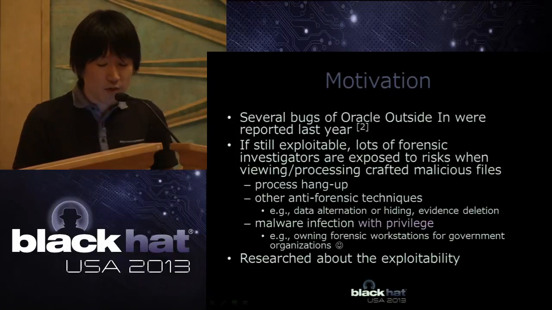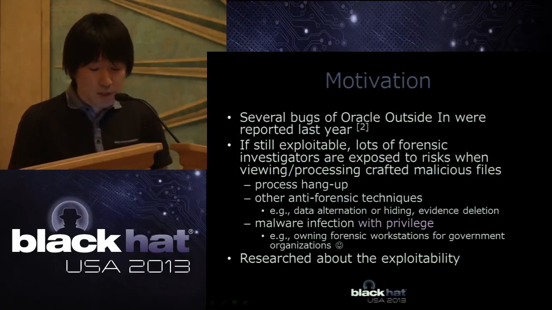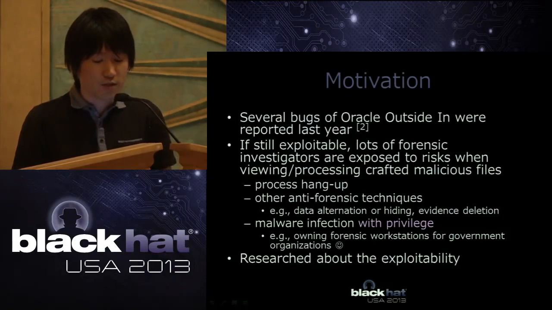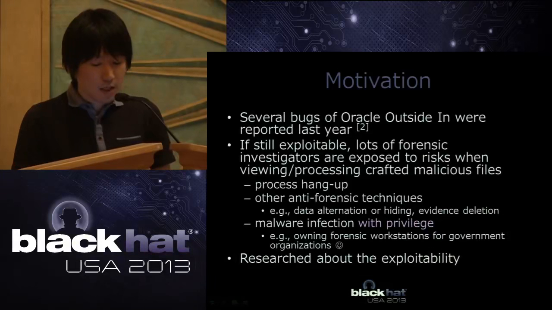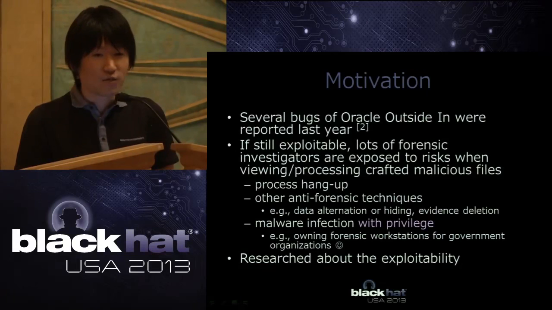Forensic software often needs privilege, which indicates malicious code execution in the forensic software process can do everything on the system. For instance, an attacker may own forensic workstations of government organizations. It can be an advanced targeted attack.